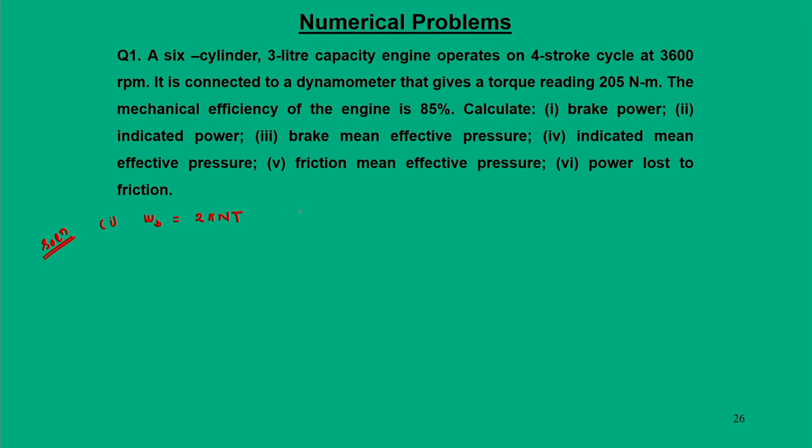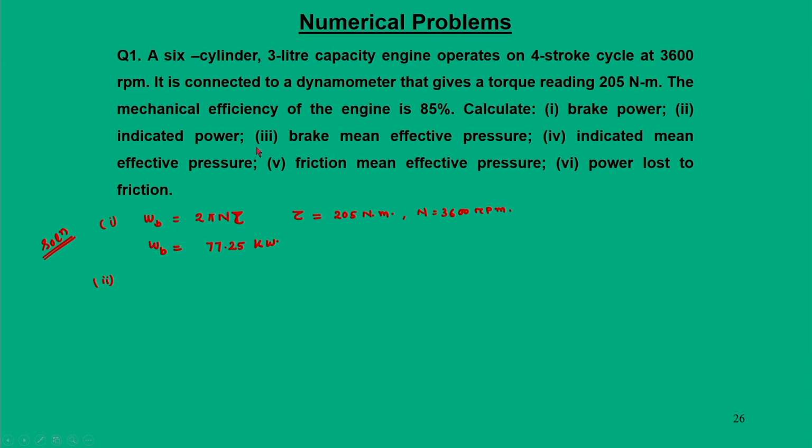Here tau, or torque, is given as 205 Newton meter, and N is 3600 rpm. From this we can easily calculate W dot B, which turns out to be 77.25 kilowatt.